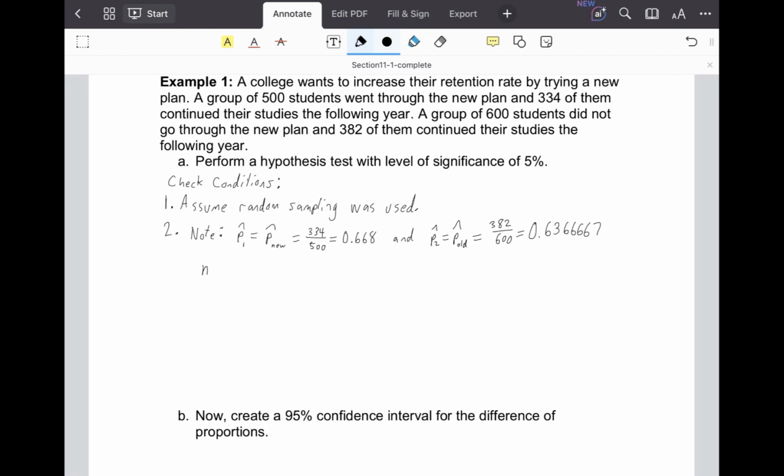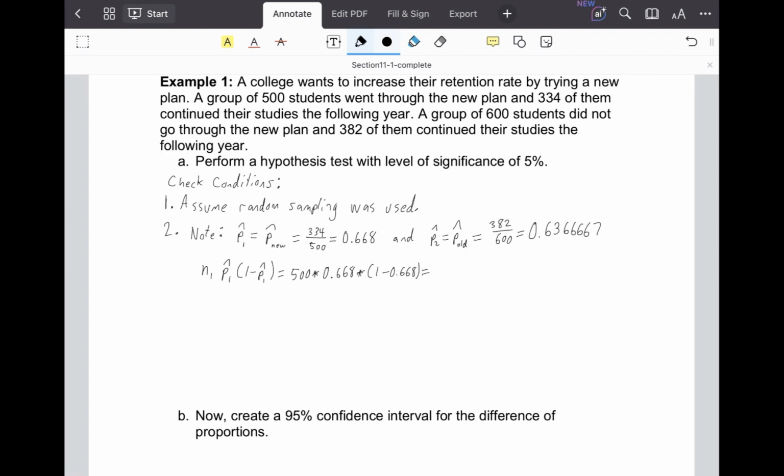Now we check n1 p hat 1 times 1 minus p1 hat. And this is 500 times 0.668 times 1 minus 0.668.